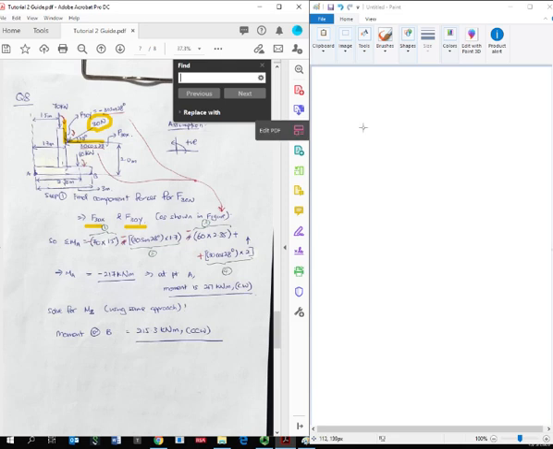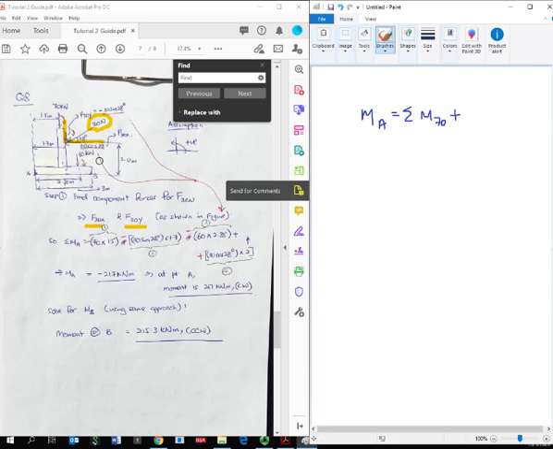I have one force from the 70 kilonewton, with its moment about A. Then I have the moment from 30y, and also the moment from 30x, and then plus the last one, which is the moment from the 60 kilonewton. So I have 4 moments to consider.